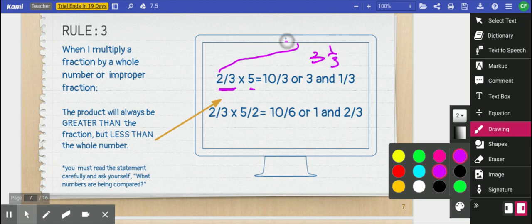When I compare those, that's definitely bigger. But when I compare my answer to the whole number, my whole number is 5, and my answer is 3 1/3. It's less than the whole number. So see how that works? When I multiply the fraction times a whole number, my answer is bigger than the fraction, like it is here, but it's smaller than the whole number when I compare them. Okay.